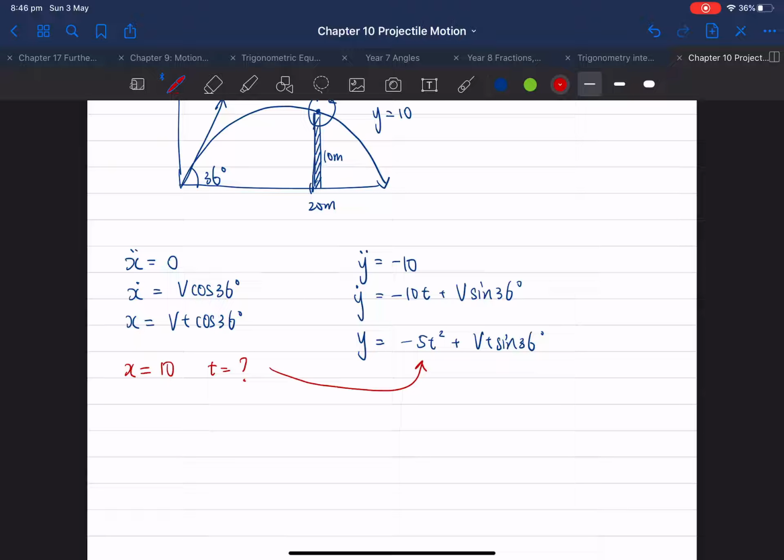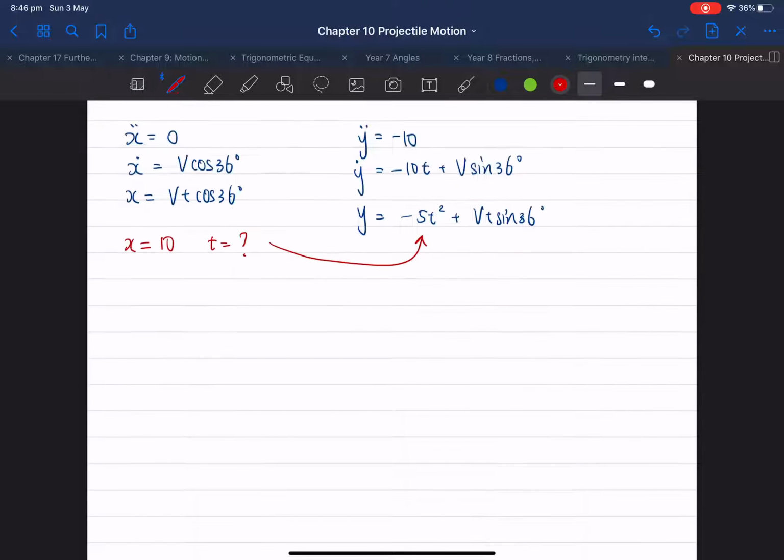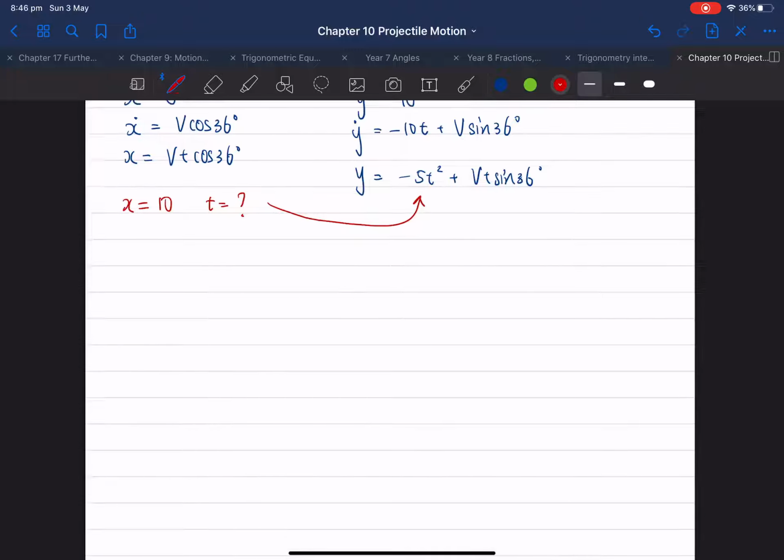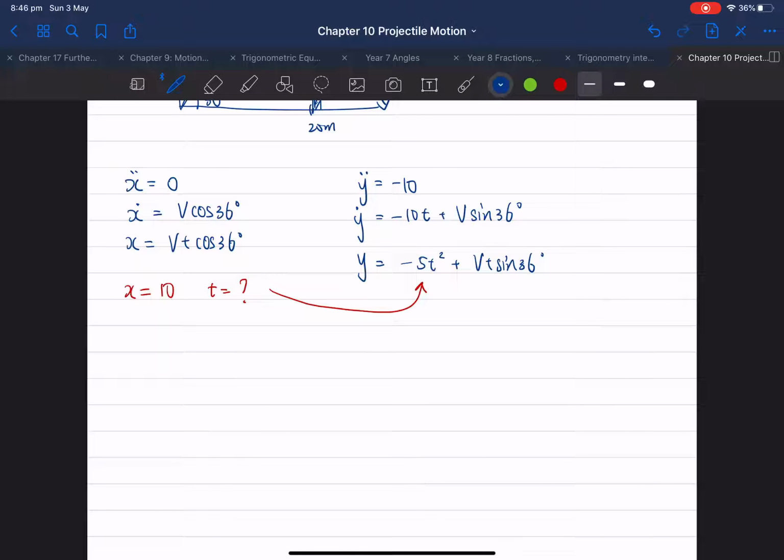And then once we know v, we should be able to work out the answer, right? Okay, let's see if that works. So x is equal to 20, vt cos 36. So t is equal to 20 over v cos 36.